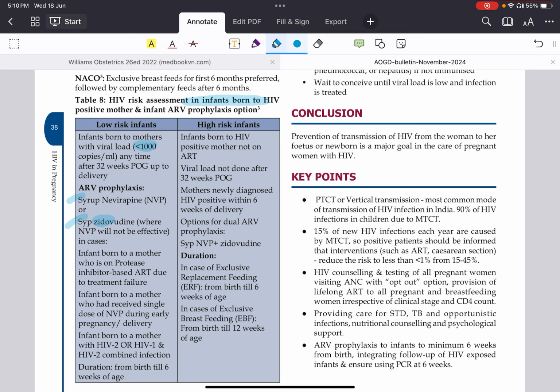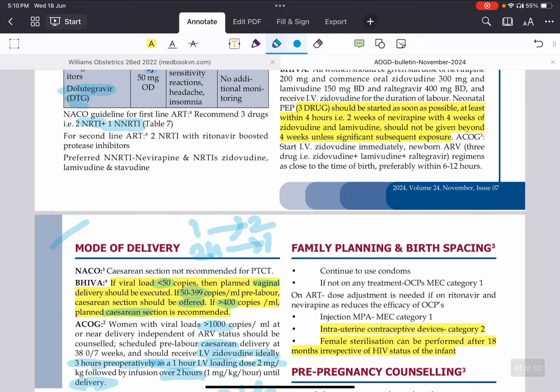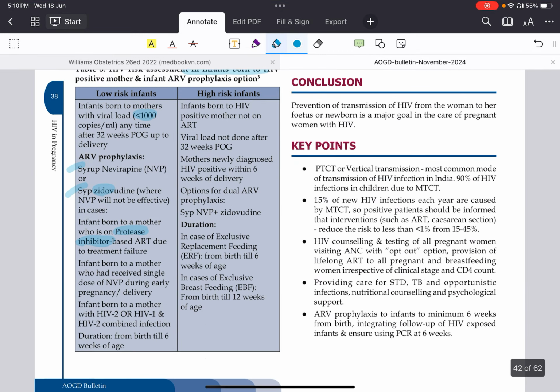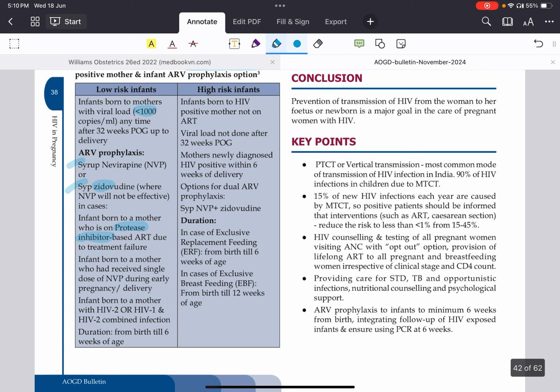If the mother is taking a protease inhibitor, for example ritonavir, what is the dose? 600. If she is taking a protease inhibitor due to ART treatment failure, then nevirapine is not effective. You understood? If she is taking ritonavir, then it is not effective.